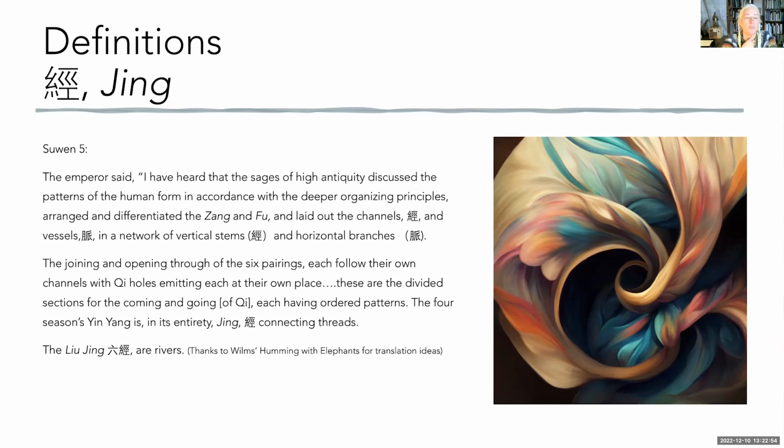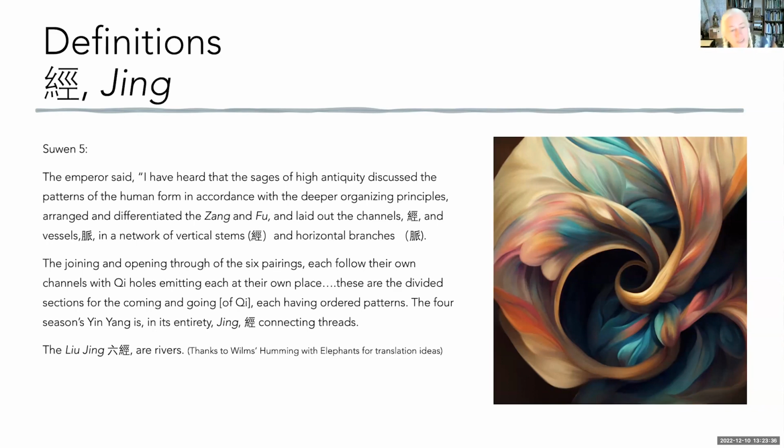Okay, the joining and opening through of the 6 pairings. And what are the 6 pairings? They're like the 12 channels. So we have, like, stomach and large intestine paired and creating the Yangming channel. The heart master and the liver are paired and create the Jueyin channel, etc. So the joining of these and the opening through of them, that opening through has this idea of being an open channel that's actually connecting things.